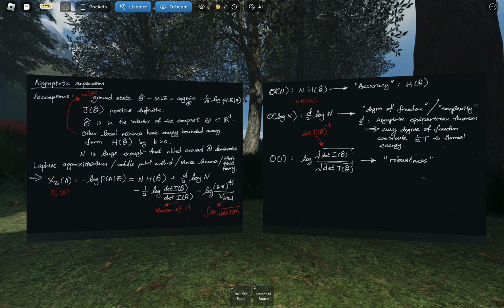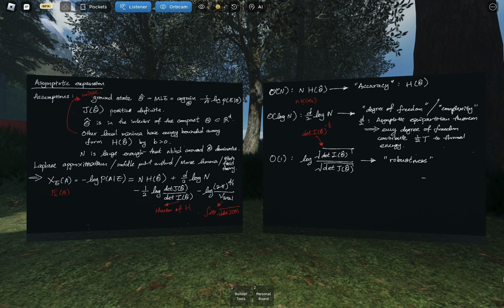Right. Flatness. So the determinant. Yep. I just said flatness. Right. So flatness is, the larger the volume, the higher the flatness. Yeah. Exactly. So I was about to say that the determinant of that is the volume of the ellipsoid centered at theta hat.